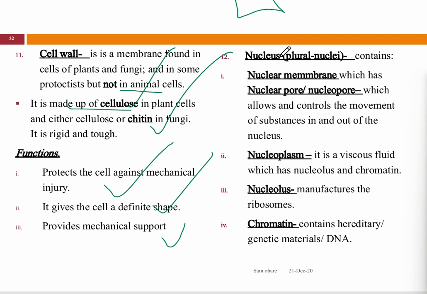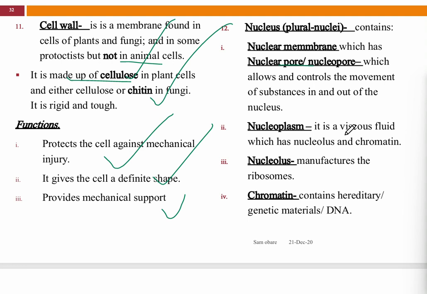Also, we have the nucleus. Under the nucleus, we have the nuclear membrane, and under the nuclear membrane, we have the nuclear pore. The nuclear pore allows and controls the movement of substances in and out of the nucleus, not the cell. Because if you say it controls in and out of the cell, that is the cell membrane, not the nuclear membrane.